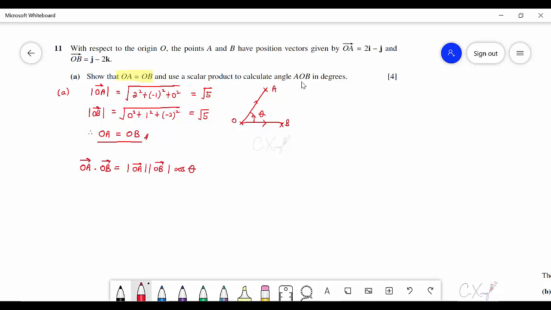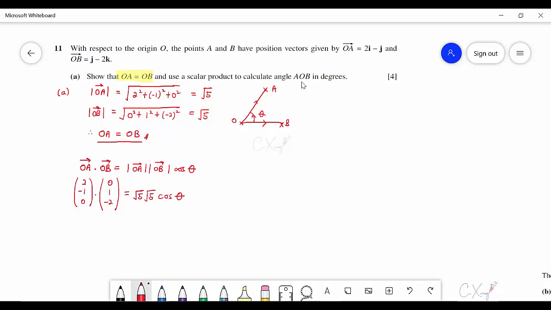So how to get OA dot OB? In column vector form, OA is 2, -1, and 0. OB will be 0, 1, and -2. The modulus of OA and the modulus of OB you already got just now.